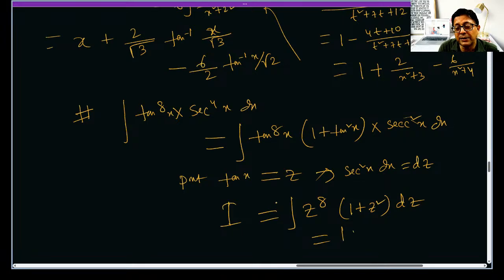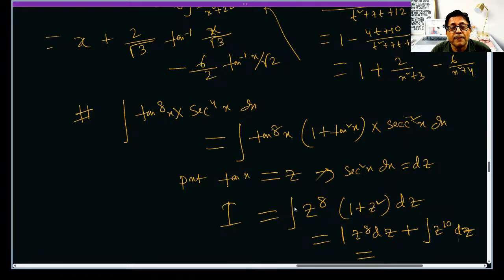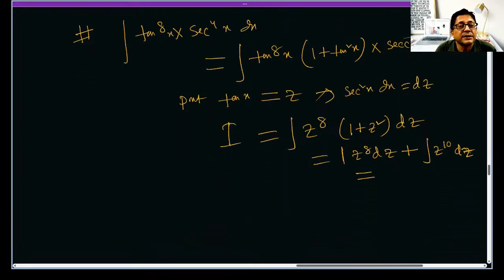So just separate, integrate, and then replace z by tan x. It's okay, this was not a difficult sum. Just integrate and replace z by tan x.